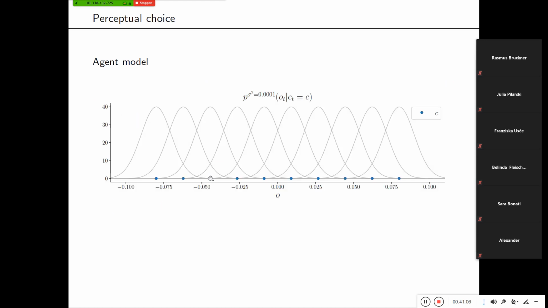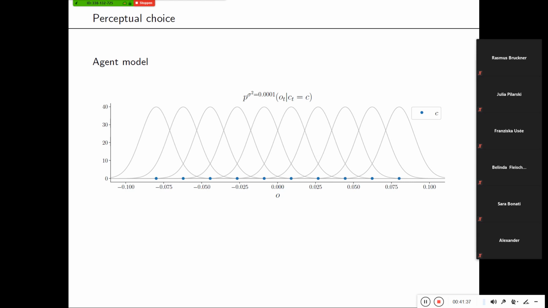So first, the observation distribution. These are the internal observations of the agent. Think about it as the neural activity in V1, or the distribution of the activity in primary visual cortex, conditional on a given contrast difference in the external world and the retina.